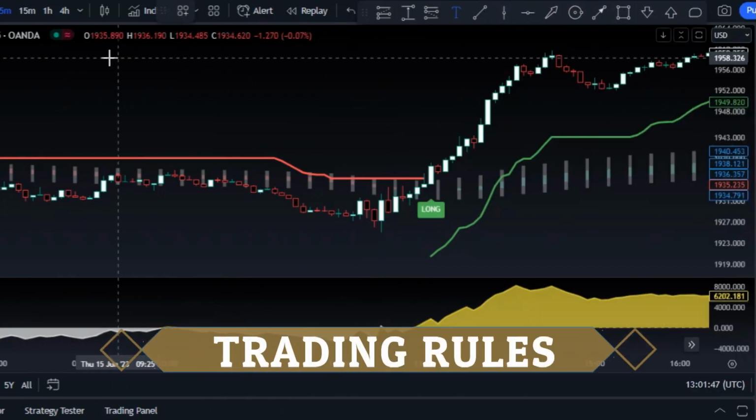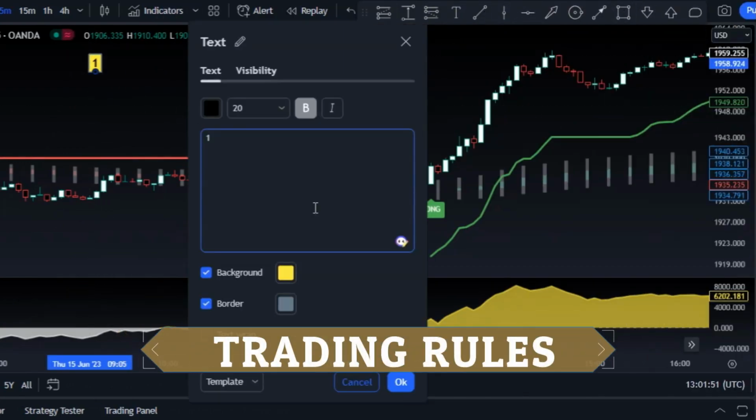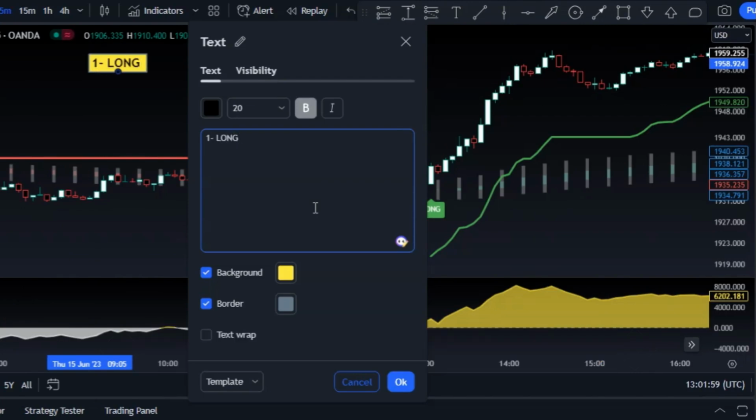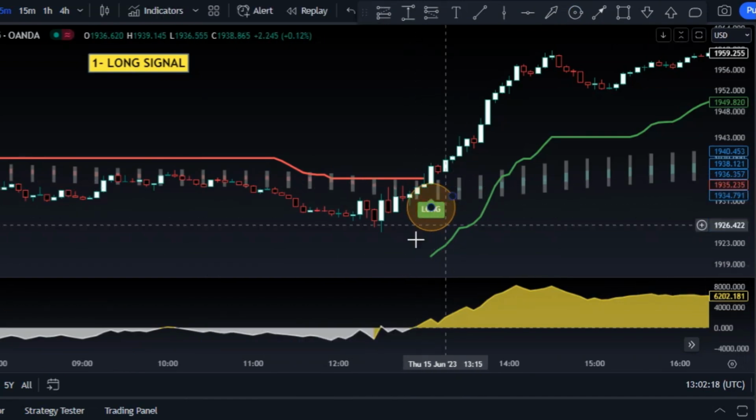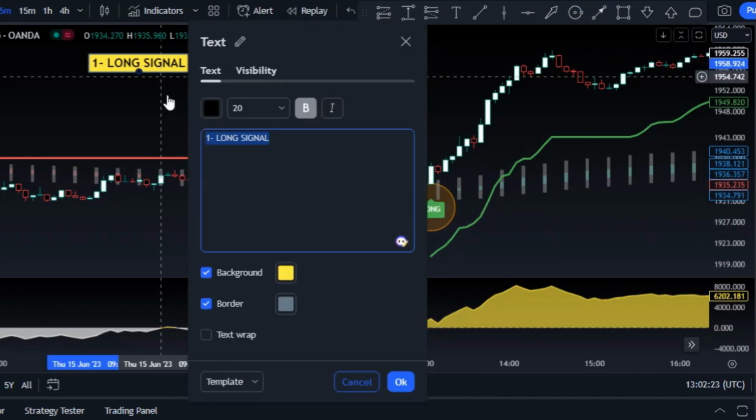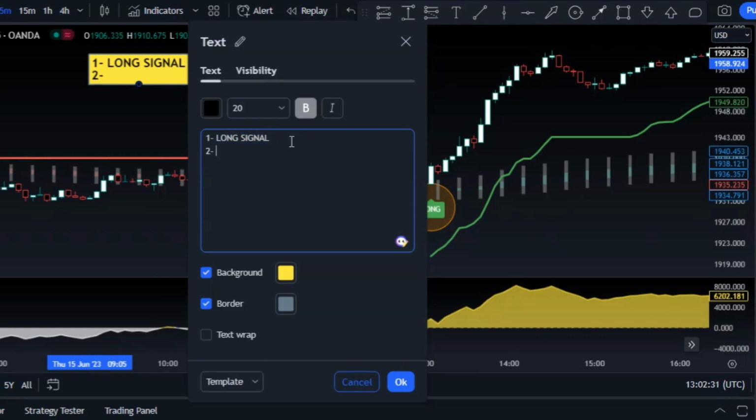Alright, here's how we'll enter trades based on these indicators. First, we wait for the super trend indicator to give us a buy signal. Then the OBV oscillator gotta confirm the buy signal by being above the zero line.